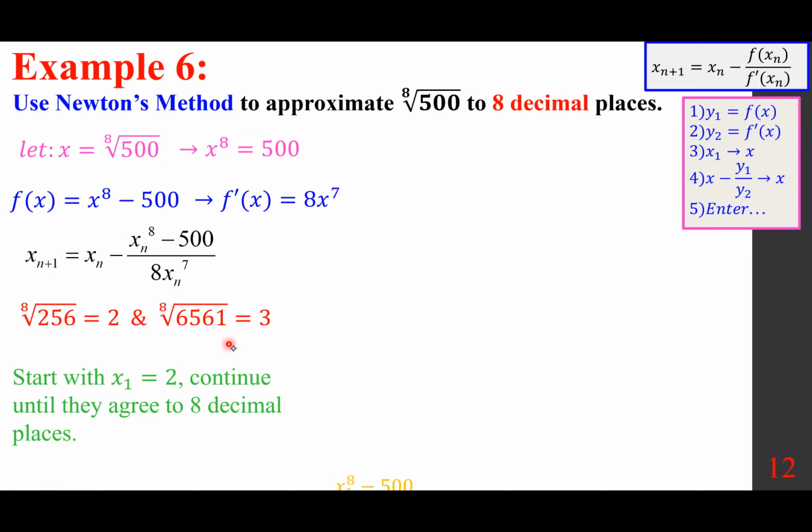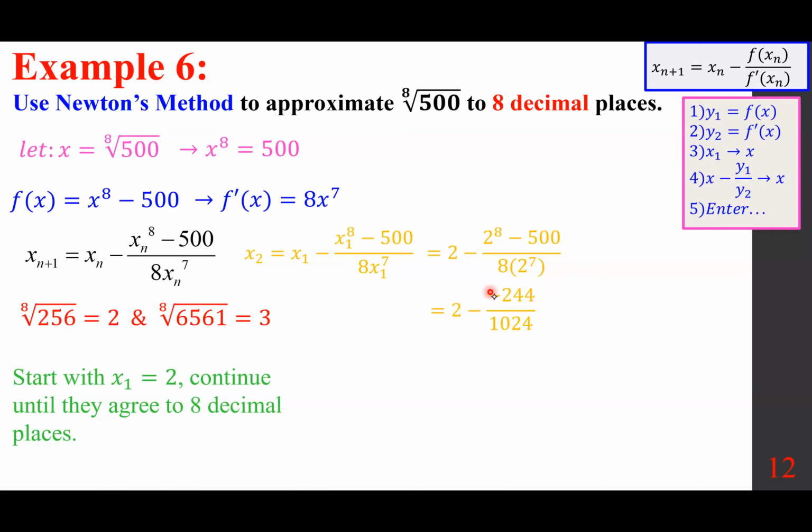So x sub 2 is x sub 1 minus x sub 1 to the power of 8 minus 500 over 8x sub 1 to the power of 7. Let's replace x sub 1 on the right side, all of them, with number 2. We know this is 256, subtract 500 from it, and it becomes negative 244. 2 to the power of 7 is 2 cubed times 2 to the power of 10, which is 1024.